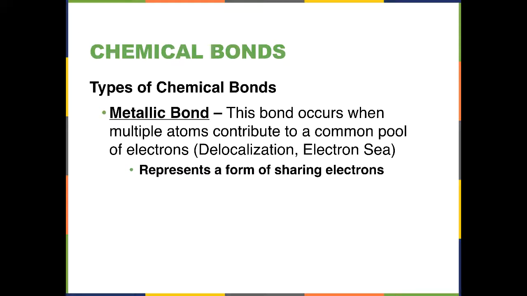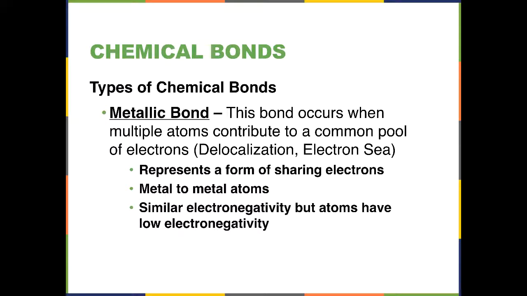This is a form of sharing, but it's different because the electrons that are shared do not stay with the atoms that contributed them. These electrons become totally delocalized in the solid. Like I said, it usually is metal to metal atom interaction. And these metals have similar and low electronegativity, instead of the higher electronegativity of nonmetals.